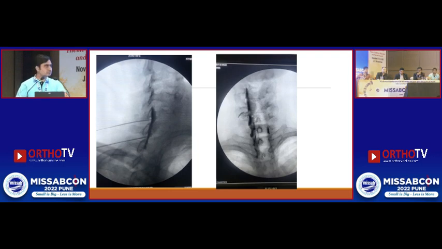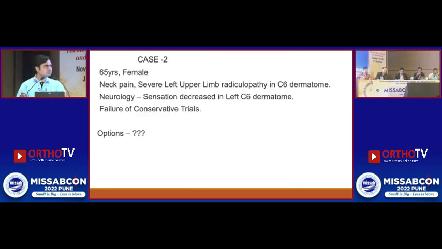Yes, it is significantly important. Even with deficit patients, there are so many overlapping diagnoses. Monoradiculopathy, whether you agree or not, seniors, I have noticed in Parkinson's patients. Parkinson's produces monoradiculopathy in the lower limb and upper limb. If you start interacting with your neurophysio colleagues, you will come to know.